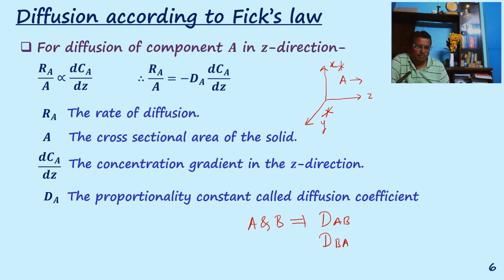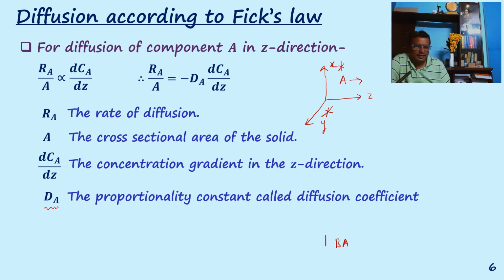Component A will have its diffusivity in B and B will have its diffusivity in A. But in this case, the solid is not going to diffuse, only the component will be diffusing. That's why we are using this notation for diffusion coefficient in the case of diffusion through solids. DA stands for diffusion coefficient of A, or simply diffusivity of A through the solid.